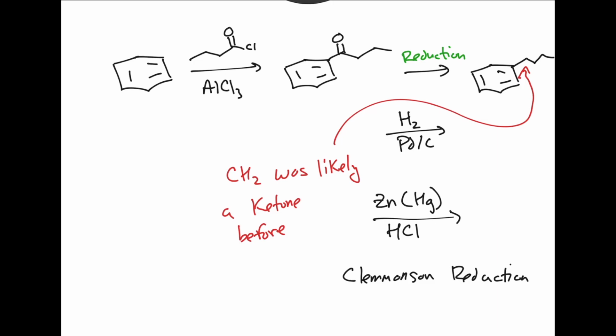Because you have no way to put a CH2 directly onto an aromatic ring. You almost always have to go through a ketone first. So whenever you see a CH2, think that was a ketone, and then work from there. Like, okay, I have to make a ketone at some point and then reduce it.